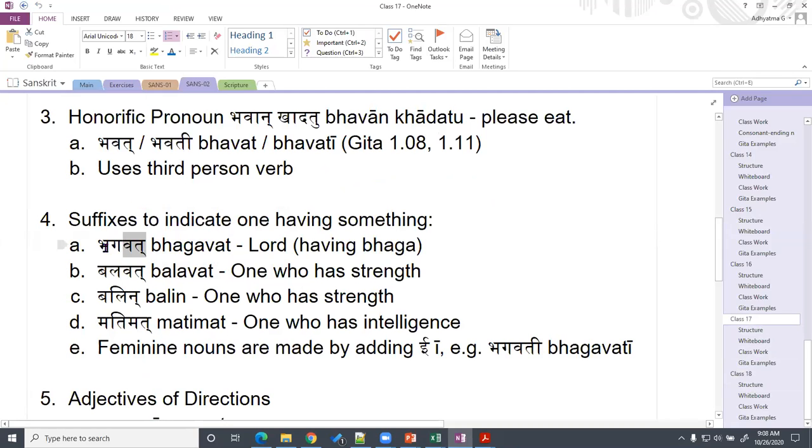That means that we already have a nominal. These are called secondary nominals. So there is already a nominal called Bala. Bala means strength. And then we put another suffix on that nominal to make it Balavat, one who has strength.